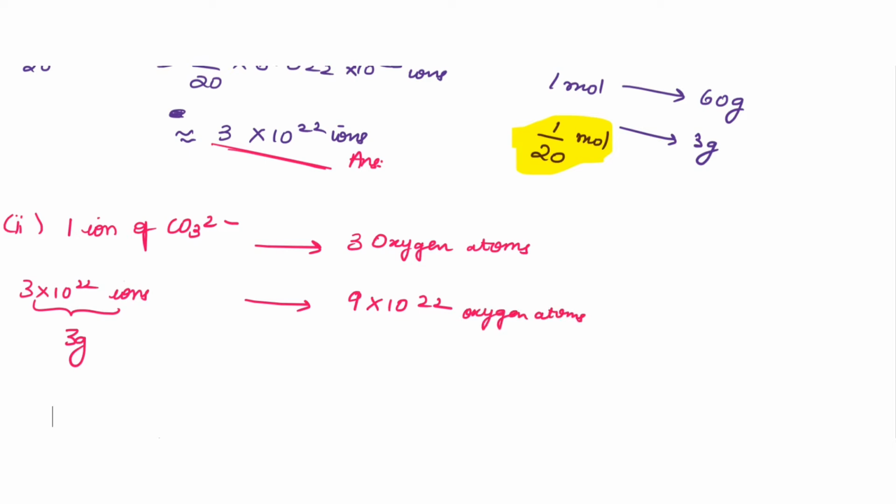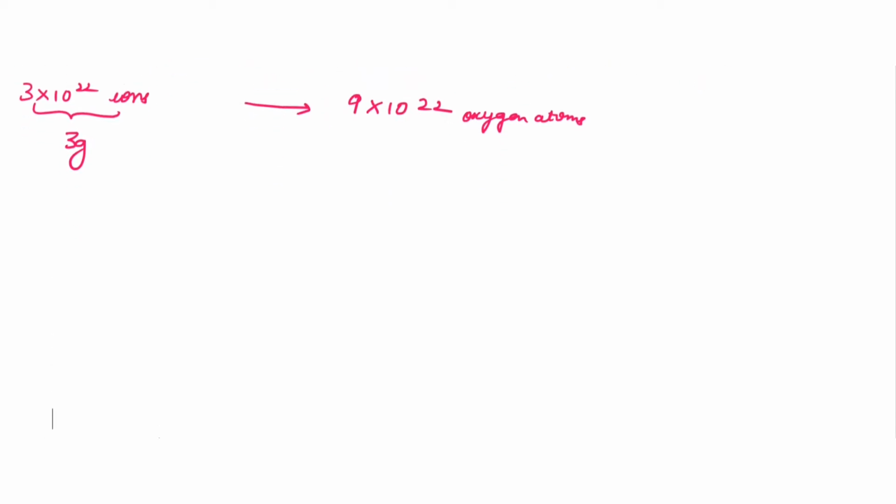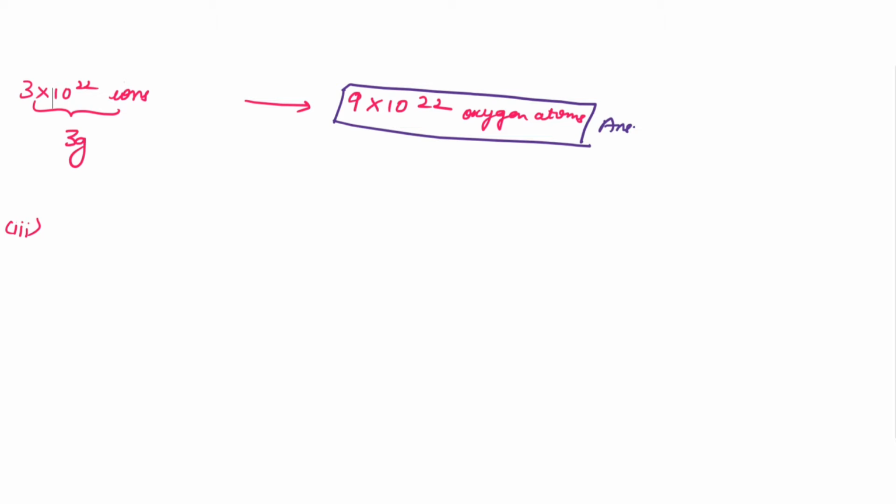Moving on to the third subdivision, which asks us to find the total charge in 3 grams of carbonate ion. We know 1 carbonate ion has 2 into 1.6 into 10 power minus 19 coulombs. So how did we get this number? Simple, carbonate ion, CO3 2 minus.